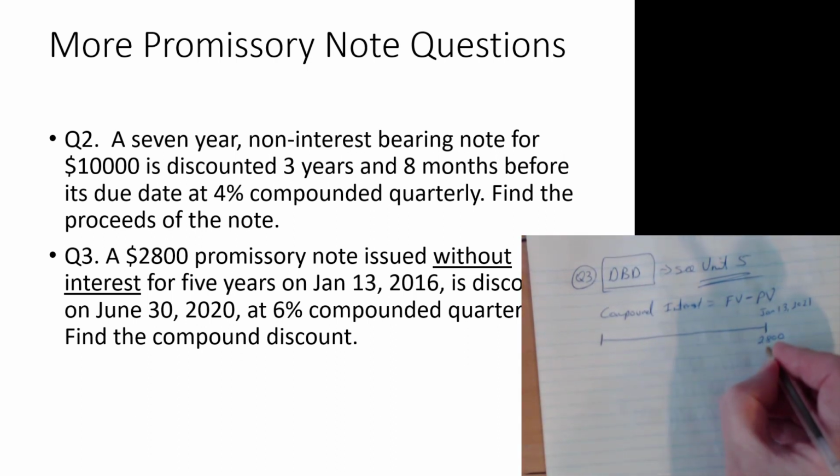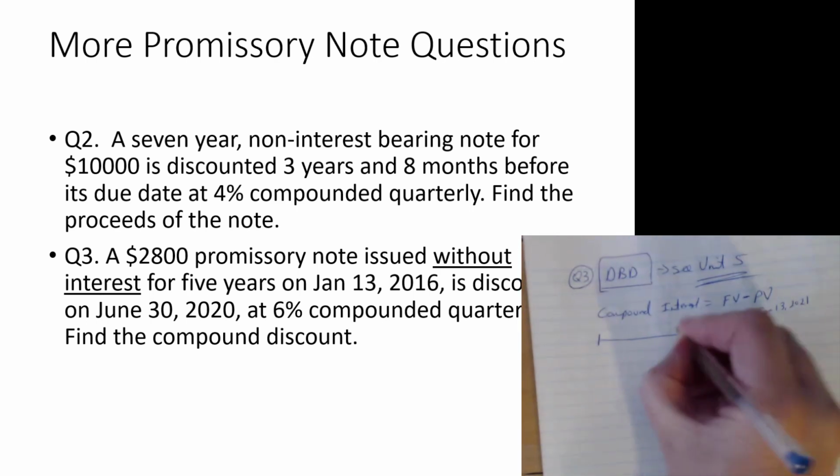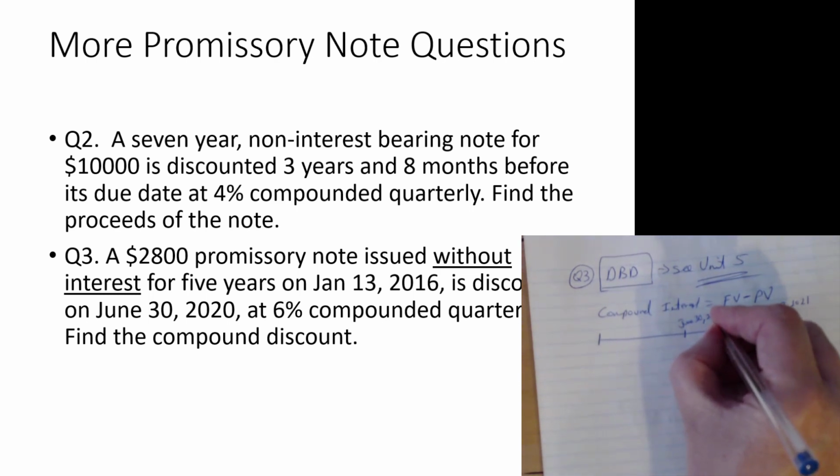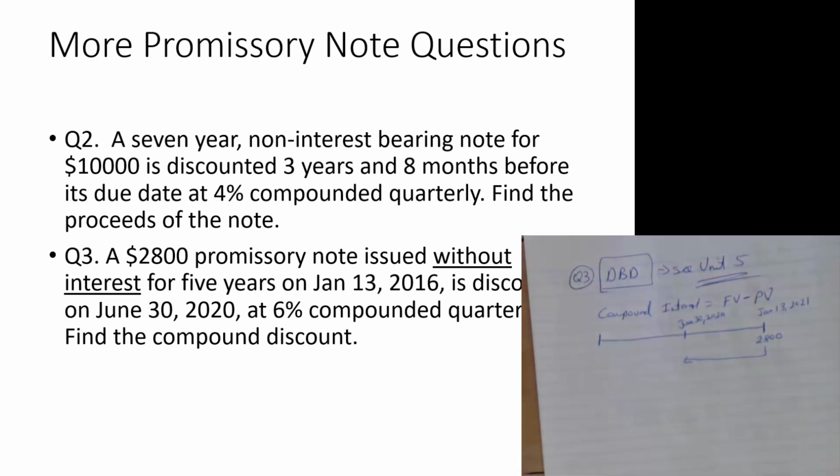Then we discount that back to June the 30th, 2020. Key thing to note now: how many days between June the 30th, 2020 and January the 13th, 2021?